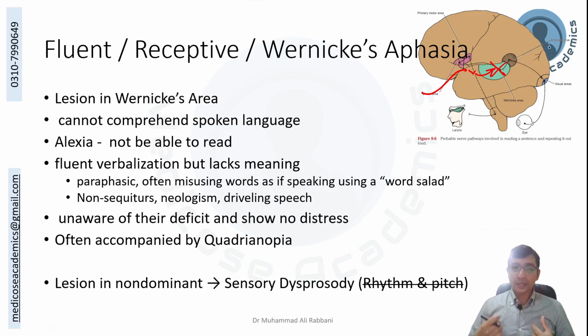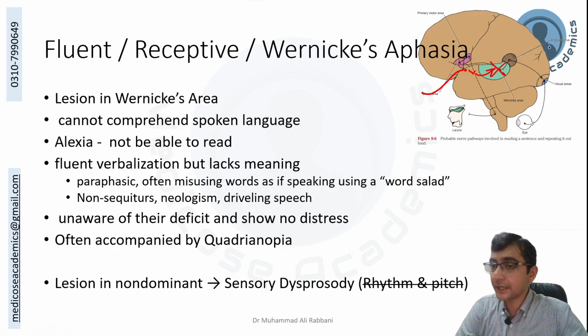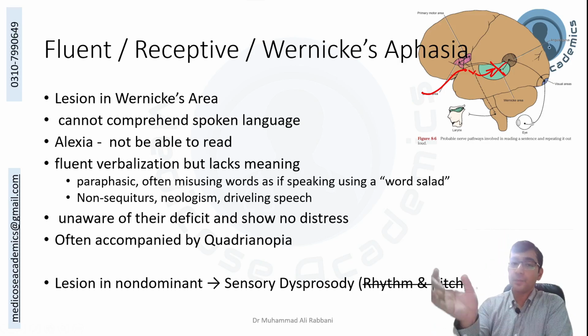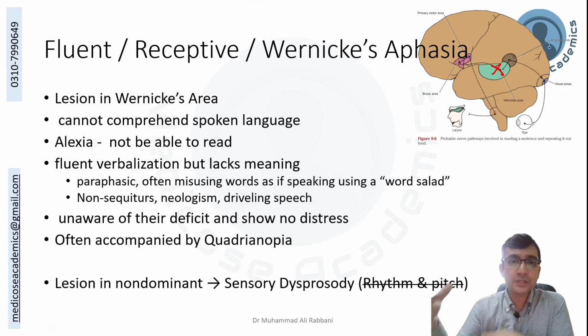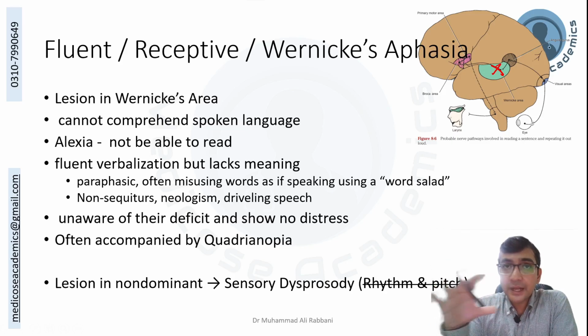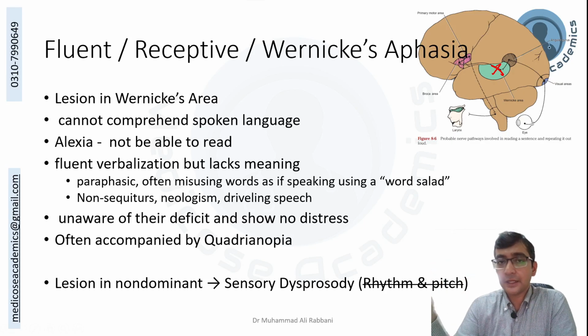So there is inability to comprehend written language, and there is inability to generate good language, because now this area is damaged. She wanted to say that I don't understand what you are saying, but that sentence is not generated like it should be.